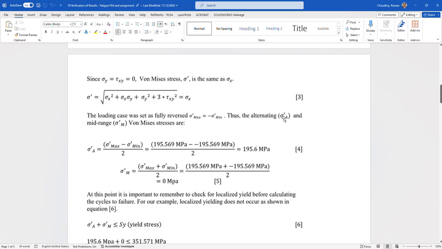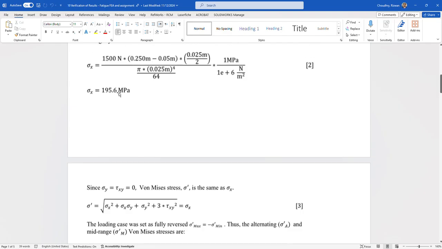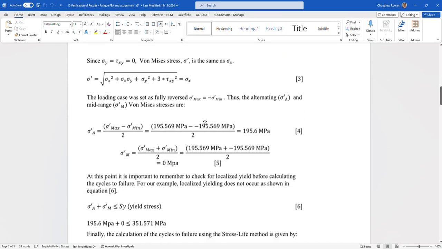So the alternating stress and the mid-range stress can be calculated as (sigma max minus sigma min) over 2, which means it is this value which we got over here, 195.6 minus a negative value, divided by 2, which will give us 195.6 megapascal as the alternating stress. The mean stress, because it's a fully reversed cycle, should be 0, which we can see here as (sigma max plus sigma min) over 2 is equal to 0.